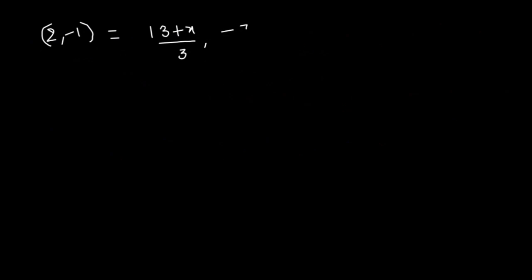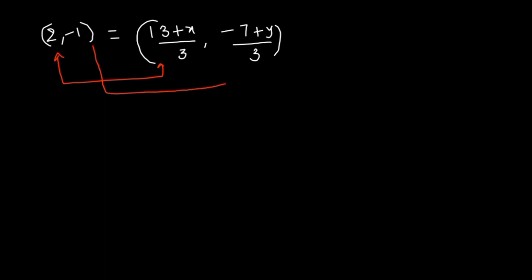Now, equate the x coordinates, and the y coordinates also must be equal. So 13 plus x by 3 equals 2, and similarly -7 plus y by 3 equals -1.